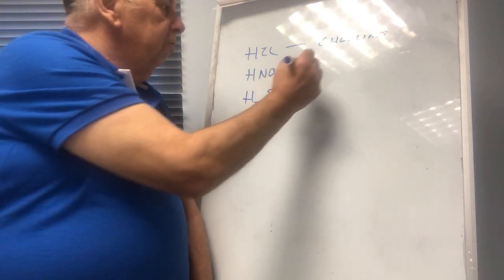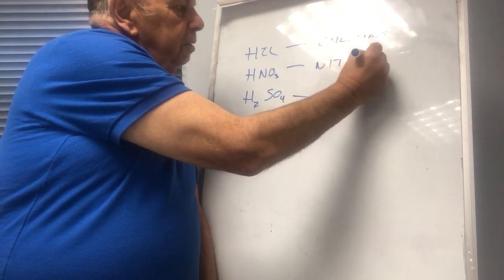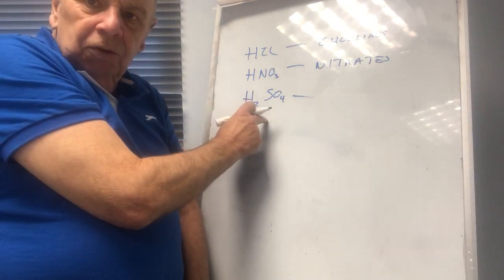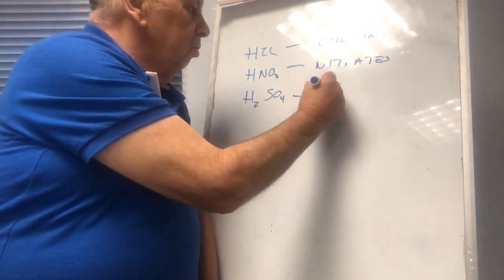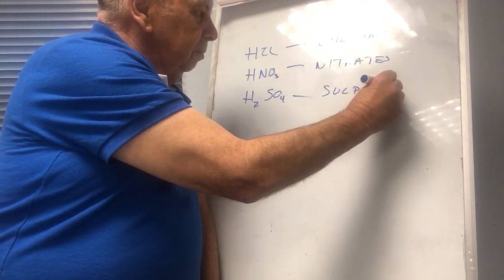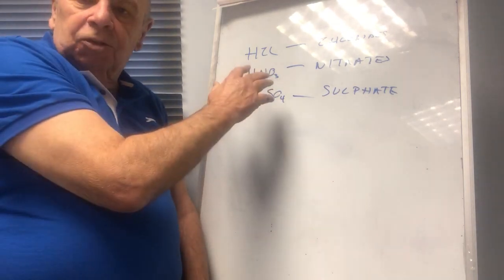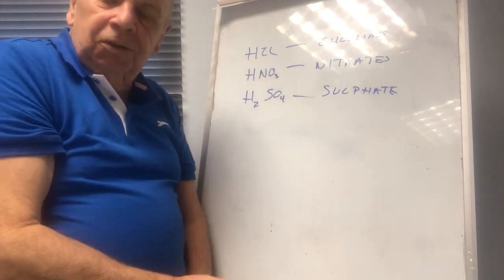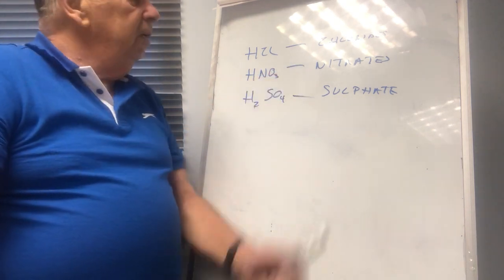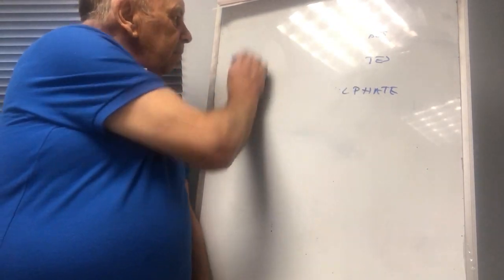The salts of nitric acid are called nitrates, and the salts of sulfuric acid are called sulfates. So if something reacts with nitric acid, one of the products is probably going to be a nitrate, or a chloride in the case of hydrochloric acid.